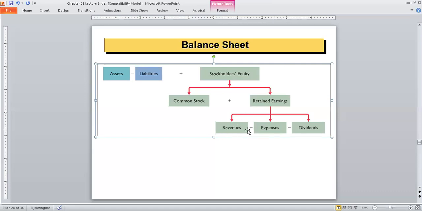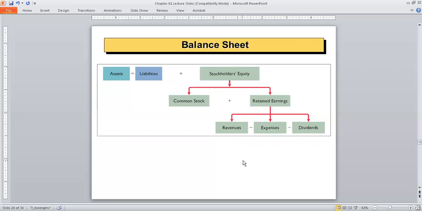Net income is on the income statement, but then it flows over to the retained earnings statement, net income minus dividends. And retained earnings flows over to the balance sheet. So this is a very, very useful diagram because it shows you very graphically how the financial statements link together.